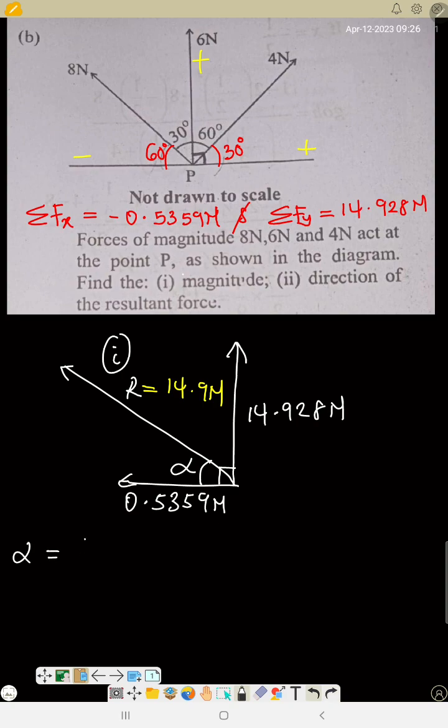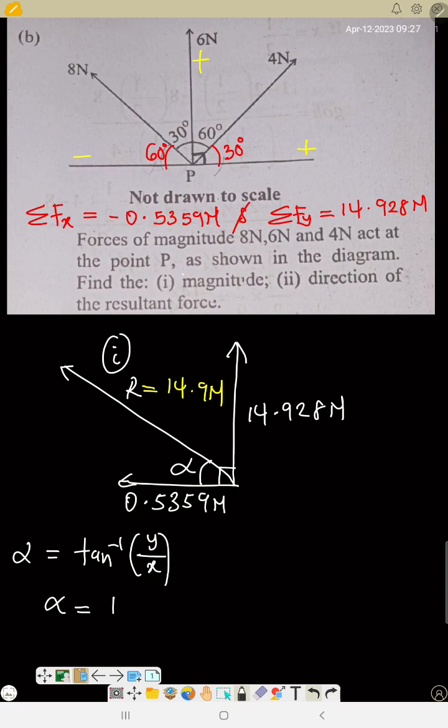So alpha is arctan y over x. Remember, if I project this force here, I will have something like this. This is opposite over adjacent, that is tan. That means 14.928 divided by this, so that is y over x, and that is now arctan.